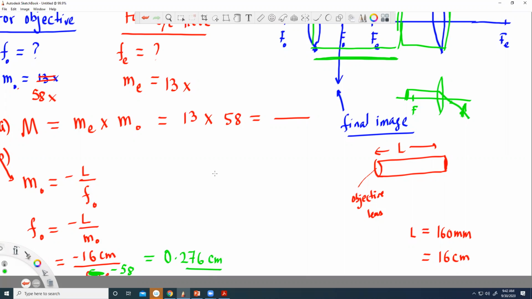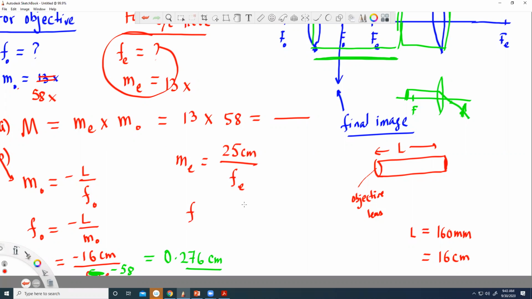Now we need to look at the other one. So for the eyepiece, ME is defined as 25 centimeters over FE. We used this formula last time. We want to find FE.